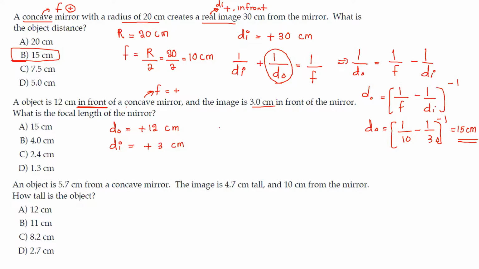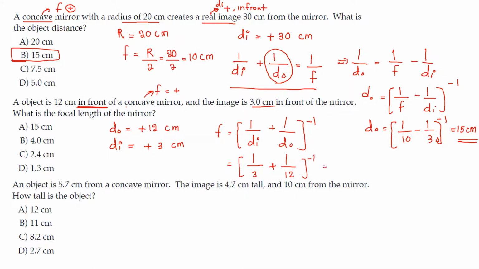So they are asking for the focal length, right? So from this equation, we can write F is 1 over di plus 1 over d naught, inverse. One over 3 plus 1 over 12. So when you do this, you should get plus 2.4 centimeters.